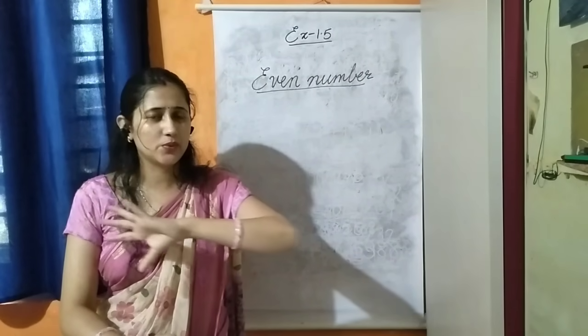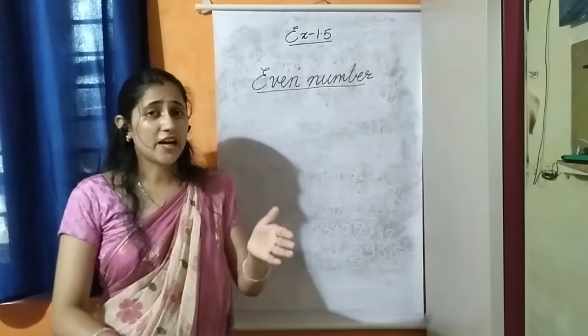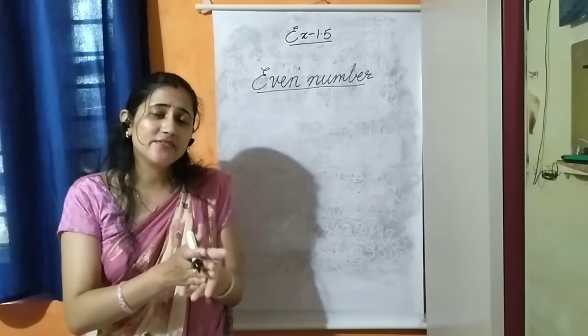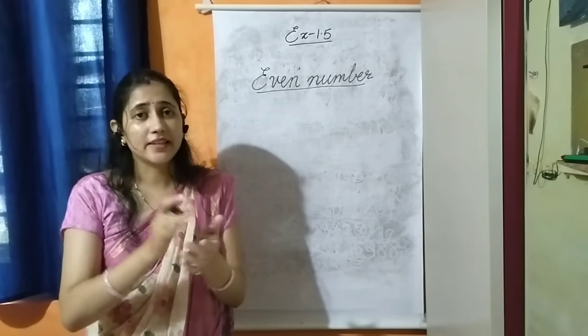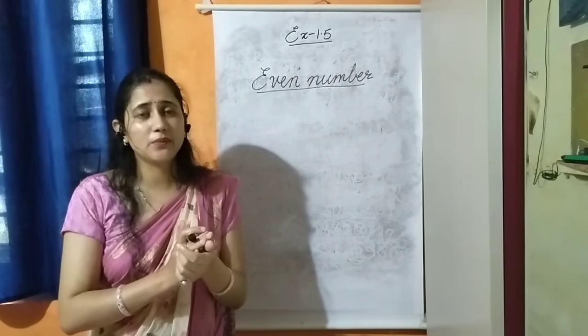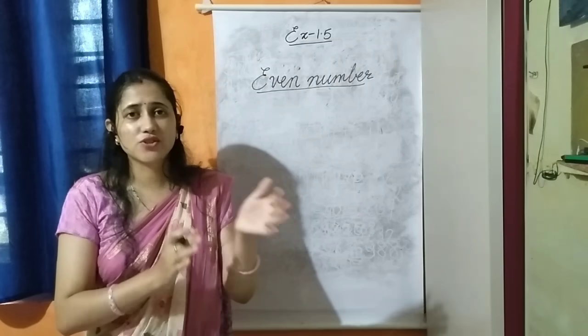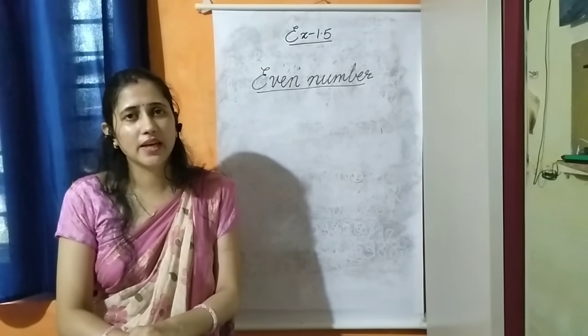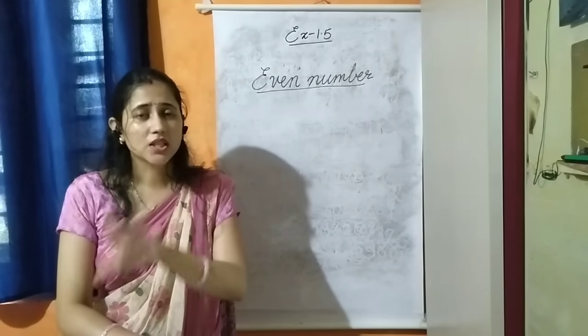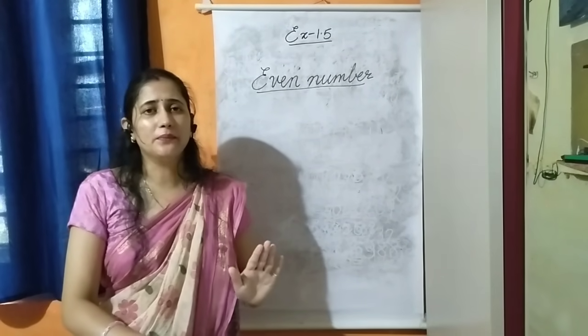Okay, that means 12 is an even number. And if I will give you 13 and then I will ask you to divide it equally, what will happen? 6 children will get 2 and 1 will get only 1. Okay, that means 13 is not an even number.